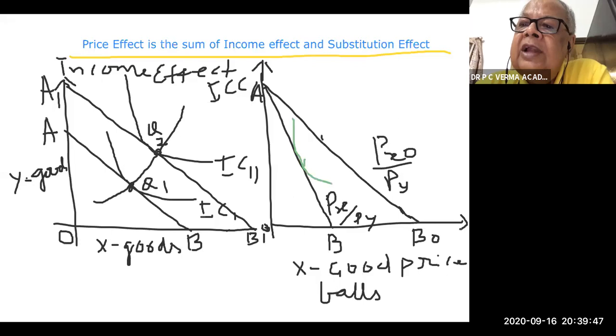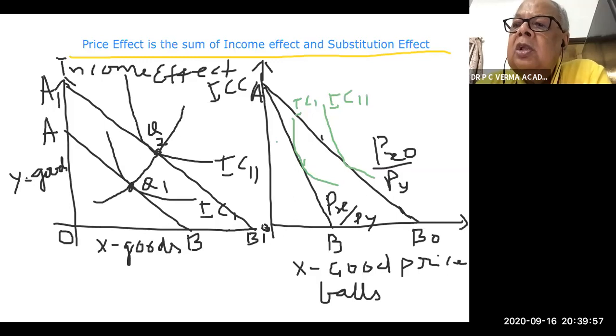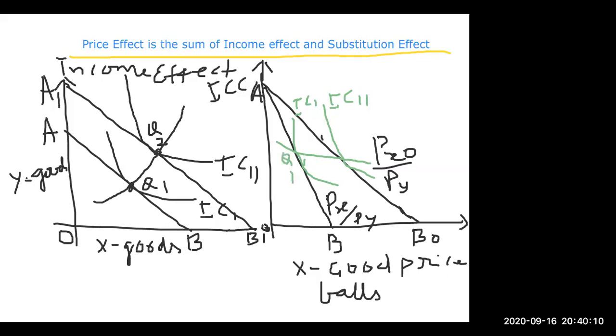Consumer was at this point, now consumer shifts from IC1 to IC2. This is called price effect. Consumer shifts from Q1 to Q2.